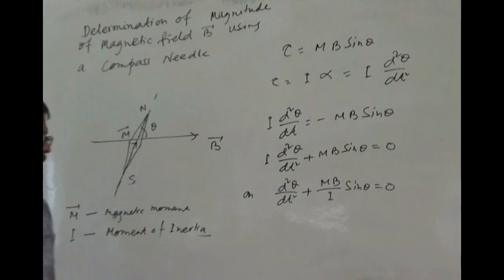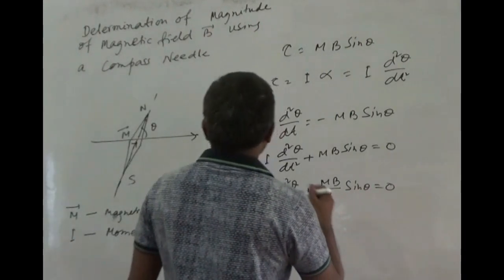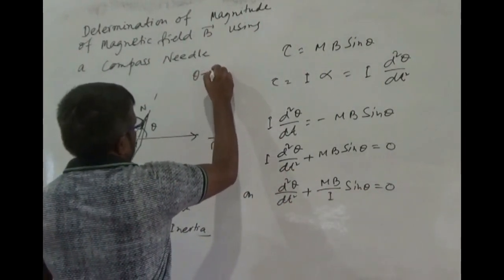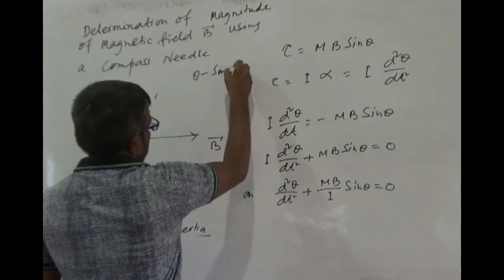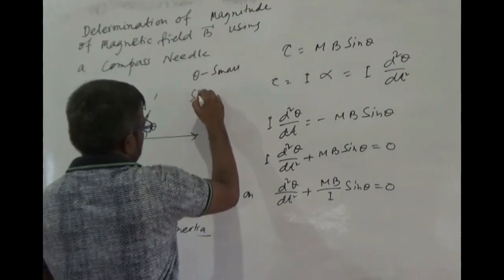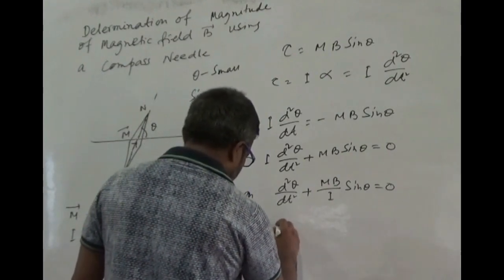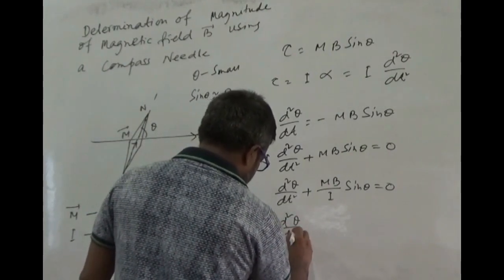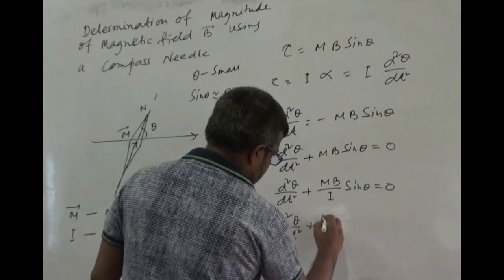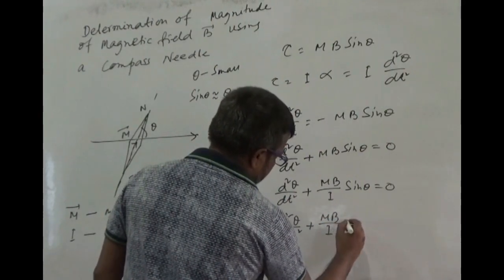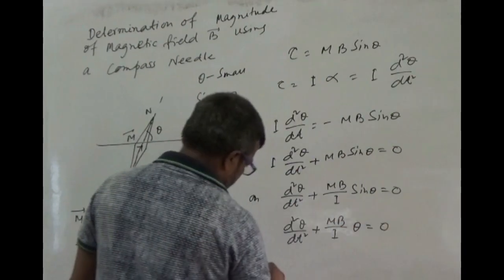Now if we assume that theta is very small, then sin theta can be replaced by theta, and we can write d2 theta dt square plus MB by I into theta is equal to 0.